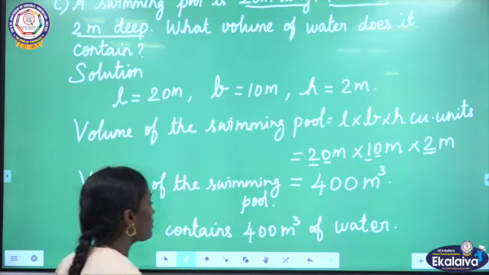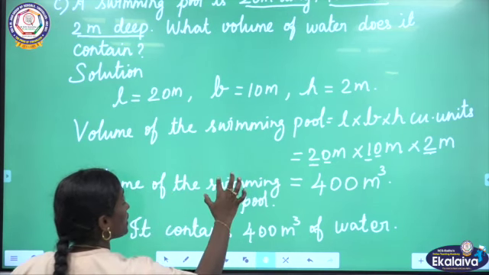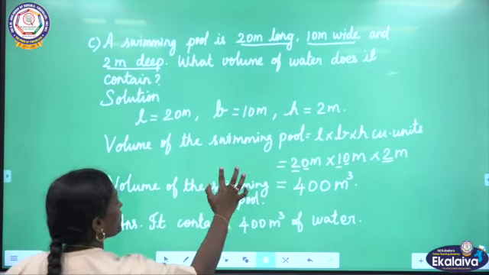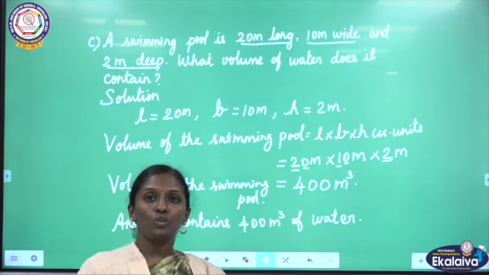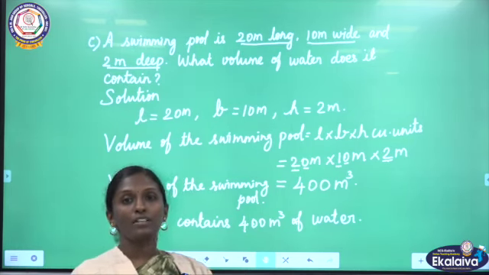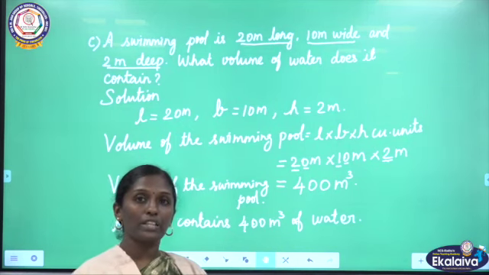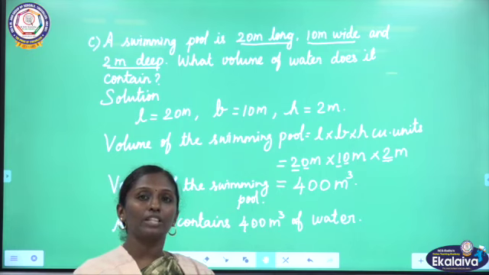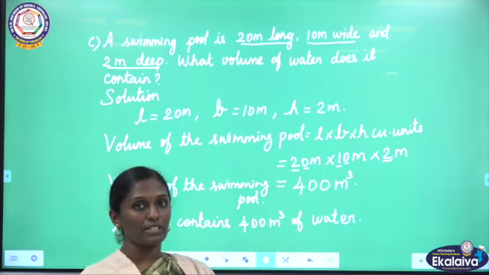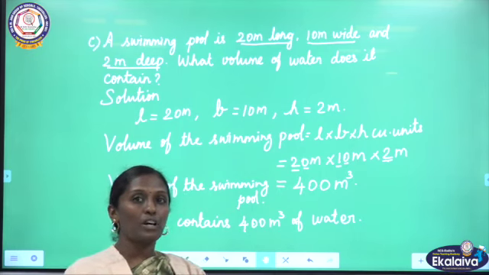Is it clear, children? Here we are finding the volume of the swimming pool by using the formula. Is it clear? So to find the volume of the cuboid, the formula is length into breadth into height, cubic units. Volume of the cube is equal to side into side into side, cubic units. Is it clear? Hope you all understand.